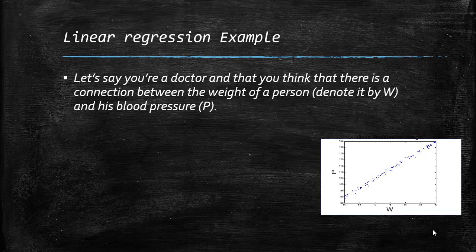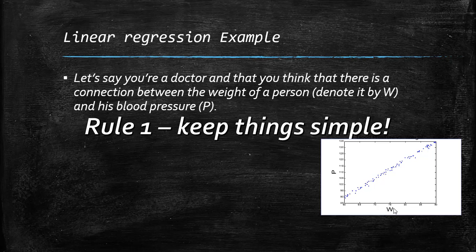Now here, as we saw in this data set, P is just blood pressure and W is weight. We have this nice relation. And whatever model you're looking for, start with the most simple form there is. This is rule 1 in machine learning in general.